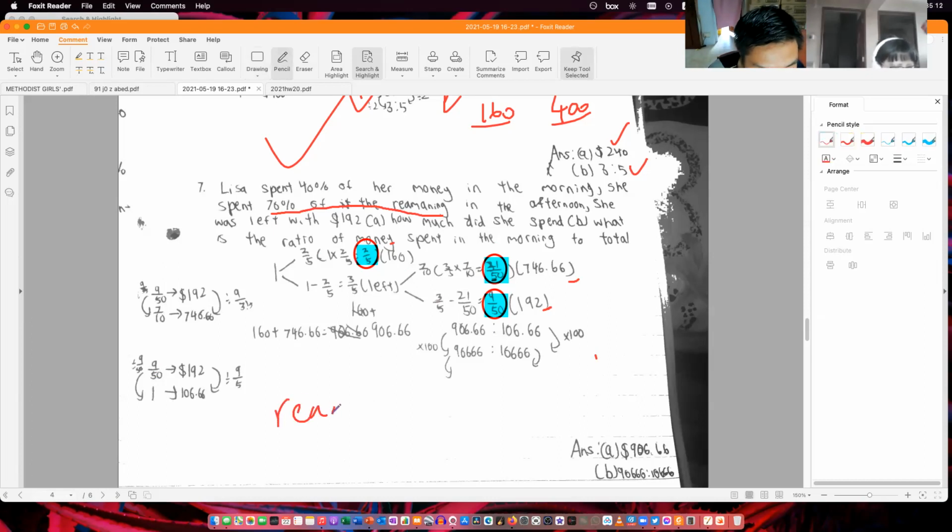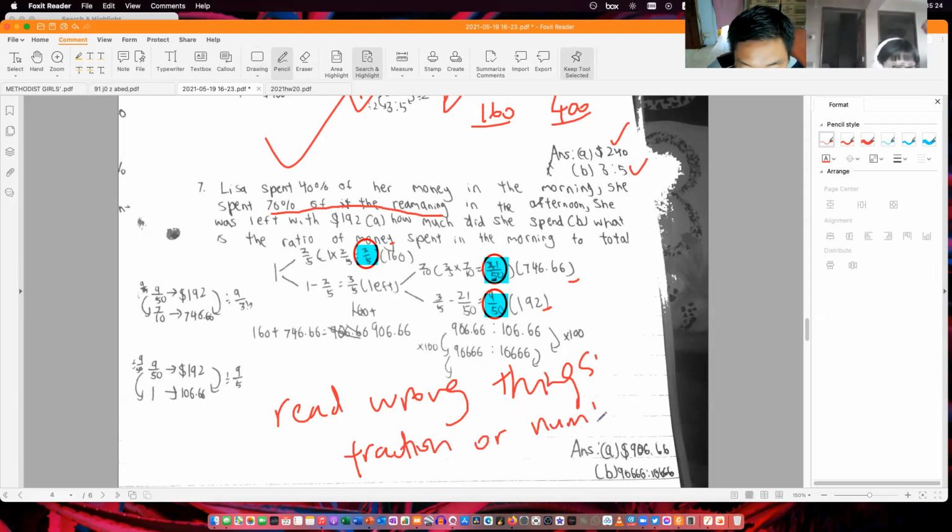The wrong things can be fractions, or the wrong numbers, or sometimes the wrong questions. So what I want you to do next time is use a highlighter like this to help you, or you can use a circle. You can circle the word so that you will not miss them out. Can you do it next time? Yeah. Good. Next.